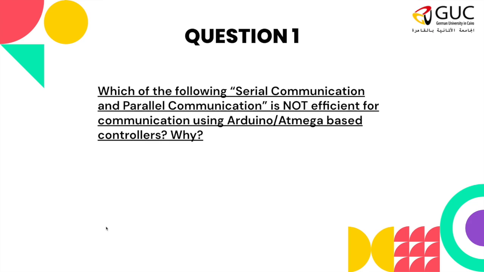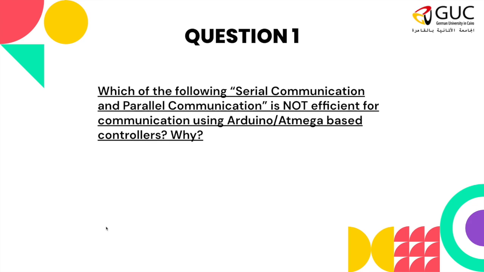For example, if I want to send 1 byte, which consists of 8 bits, in serial communication I will be transmitting bit by bit, so each of the 8 bits is transmitted one at a time. In parallel communication, I will connect 8 lines or 8 wires to send all 8 bits at the same moment.